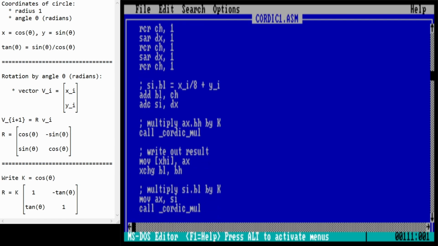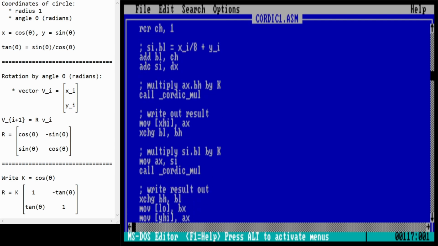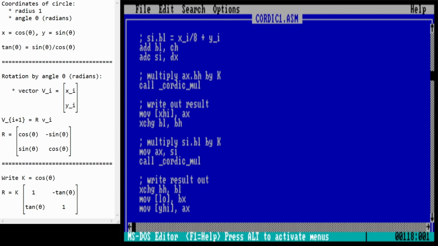So we now have the other value that we need to multiply by K in AX.BH again. So we can call our CORDIC mul on this. Once again, that'll multiply AX.BH by K, and so we're then ready to write out the result.